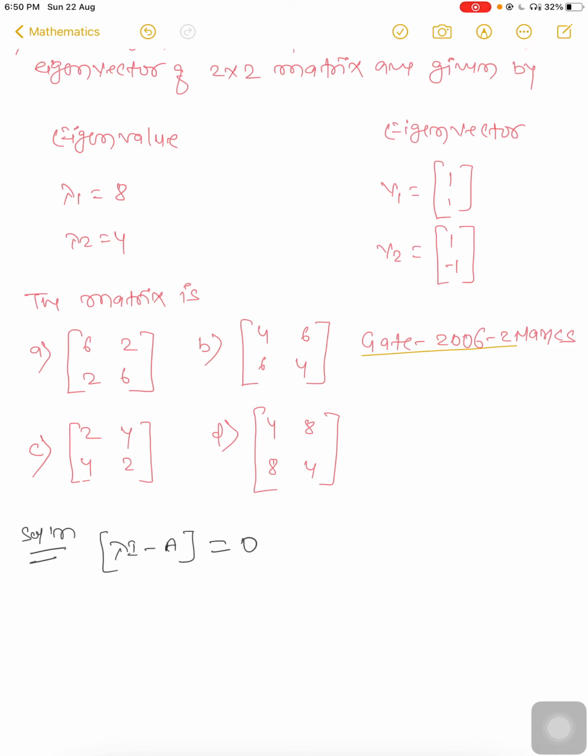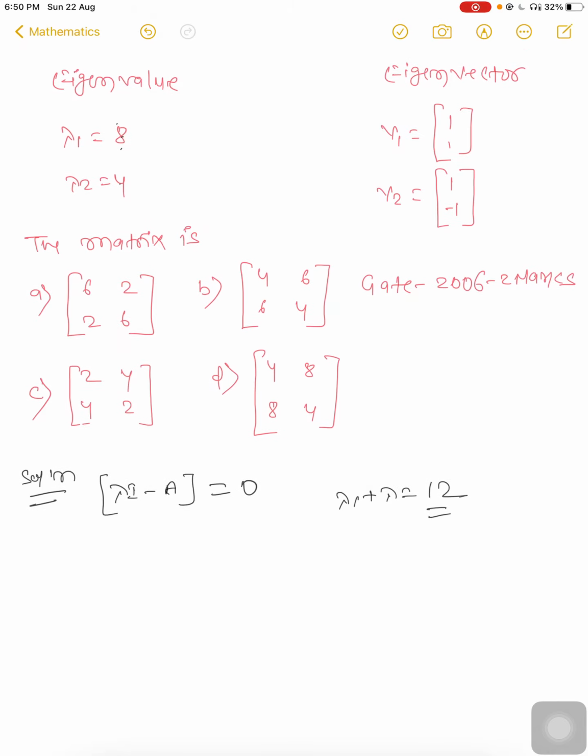By property, the sum of diagonal elements of the matrix should be equal to the sum of eigenvalues. So check it. Eigenvalues are 8 and 4. So 8 and 4 is 12. Lambda 1 plus lambda 2 is equal to 12, and the sum of matrix diagonal should be equal.